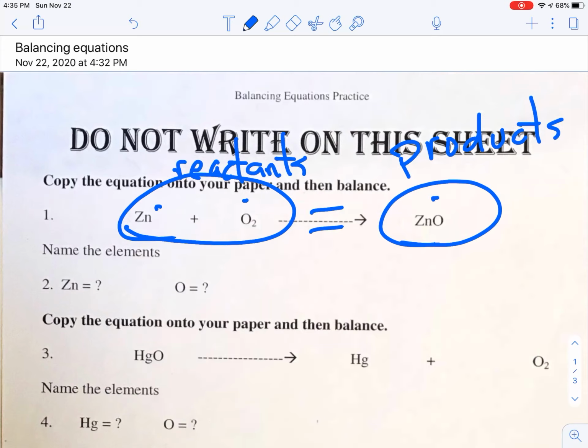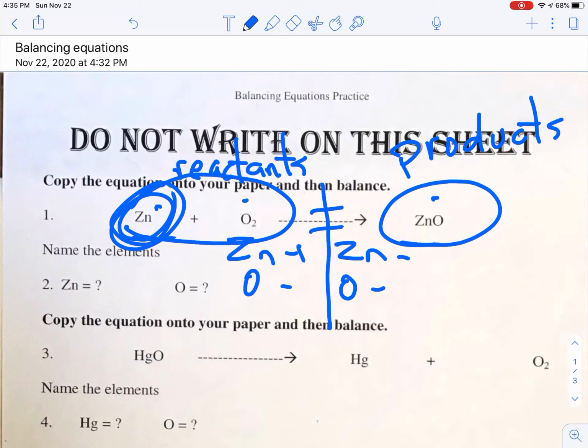Now, sometimes it helps to put a line down through, and the two elements we have are zinc and oxygen, and I like to write them right opposite each other. How many zincs do you see? There's just one. And how many oxygens do you see? There's two. Now on the product side, how many zincs are there?